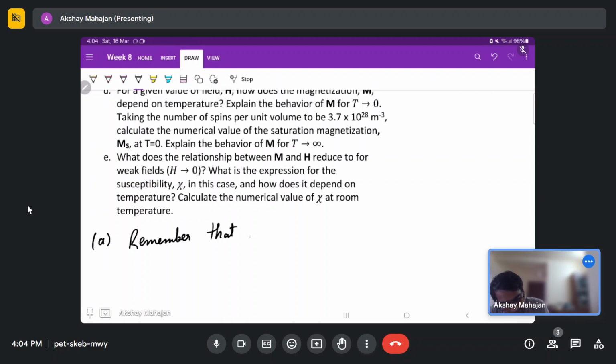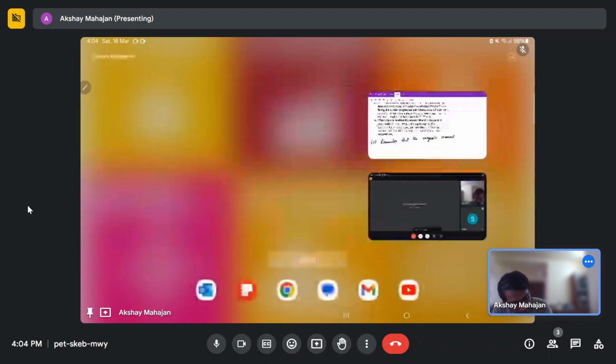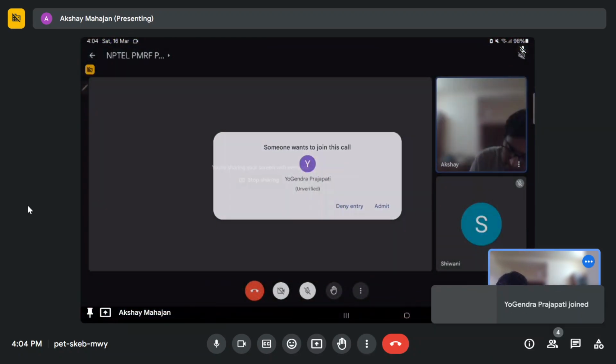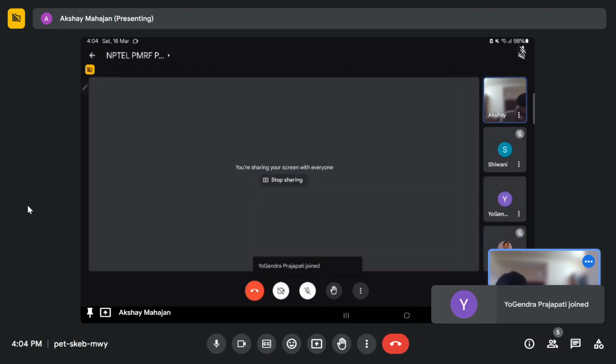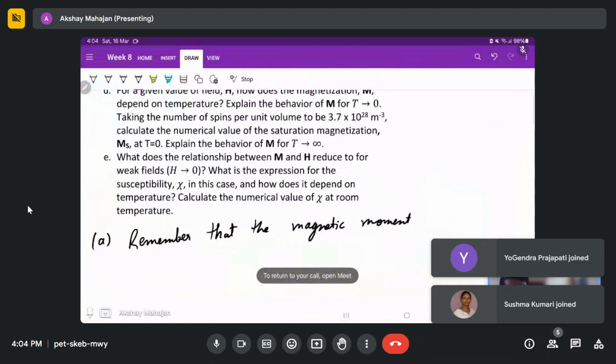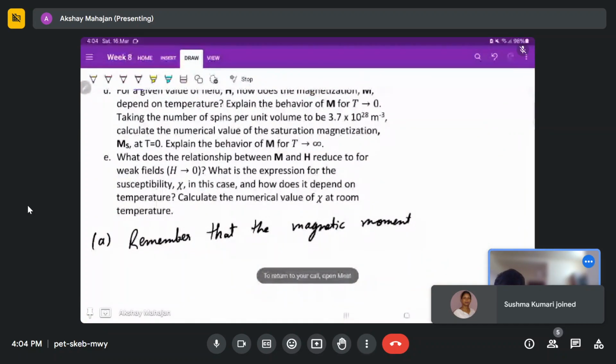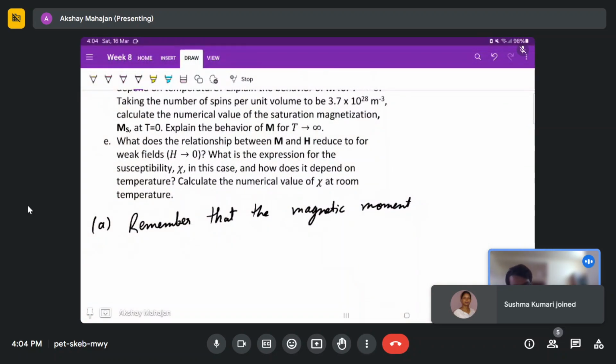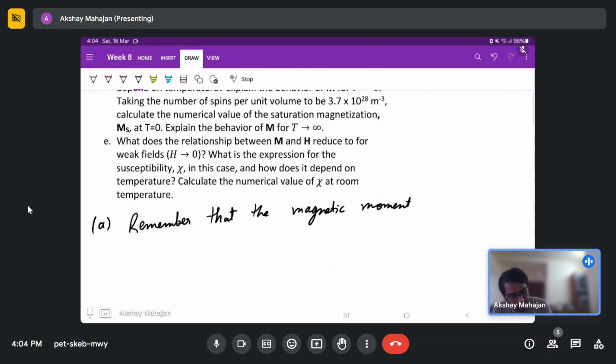Remember that the magnetic moment, the total magnetic moment.